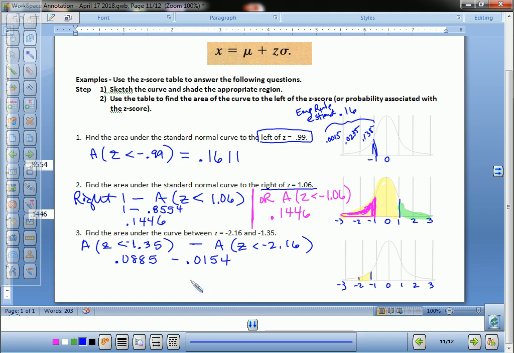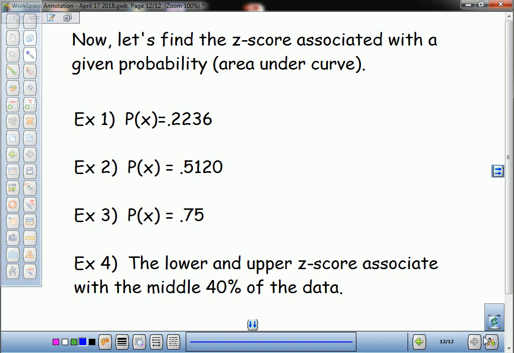Yes. Okay. So when we subtract these two, we get 0.0731. All right. Now, I didn't run off any more examples, but I do have a few more examples.